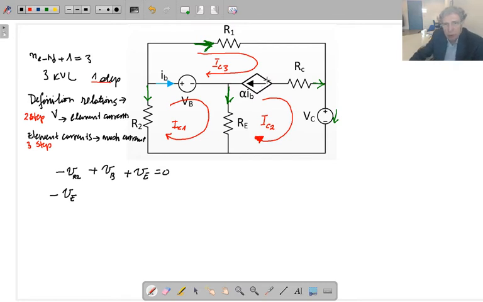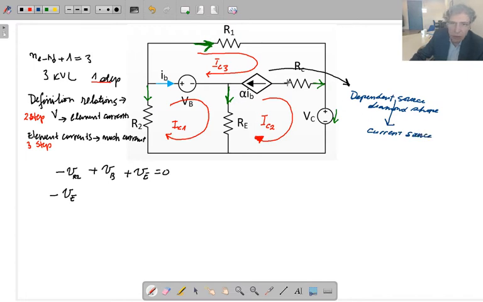What is this element? So let's examine this. Maybe a different color would be better. So this element, dependent source. Why is it a dependent source? Diamond shape. It is a dependent current source.